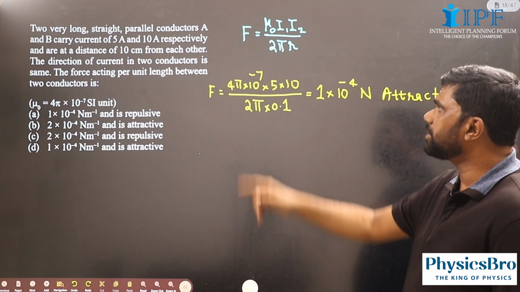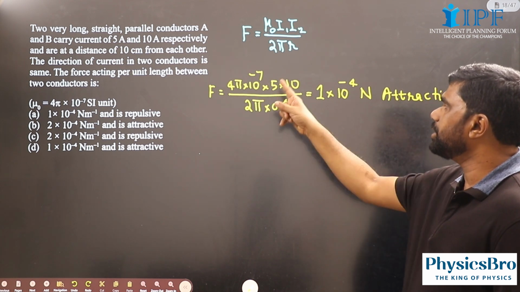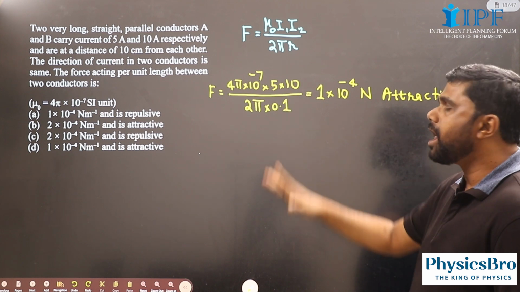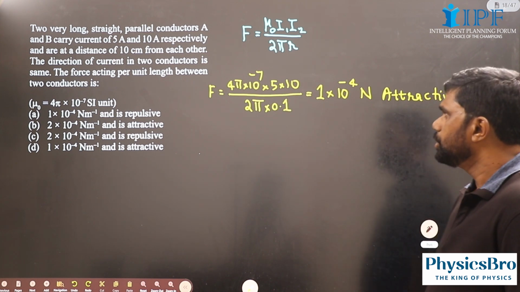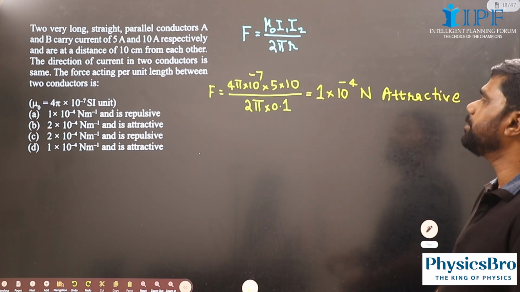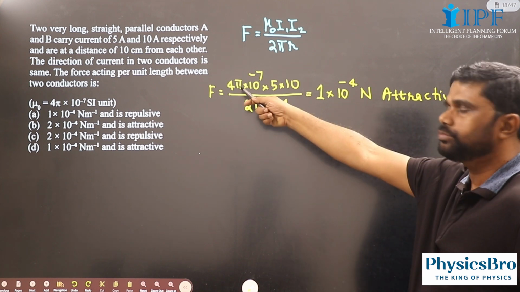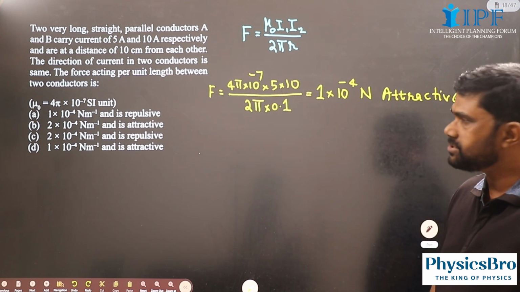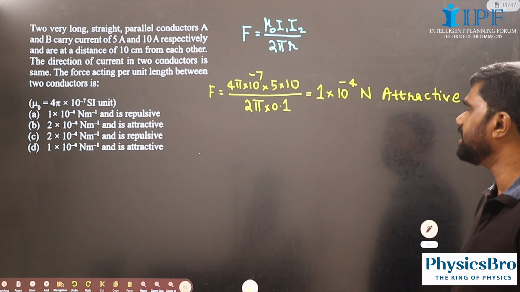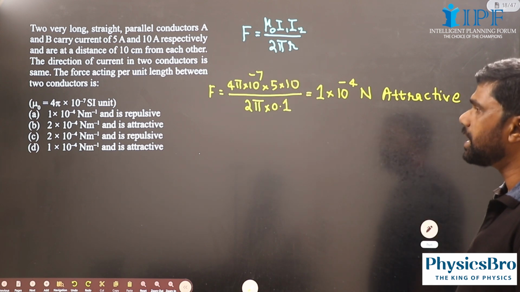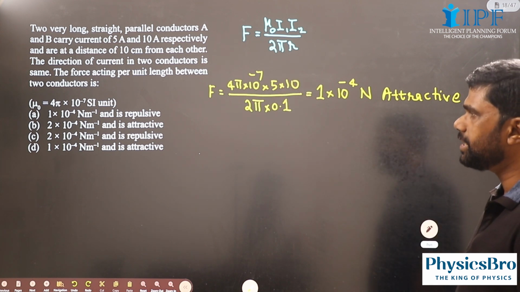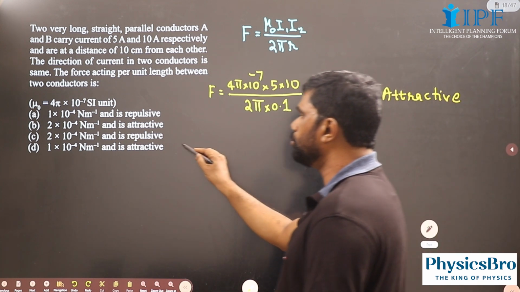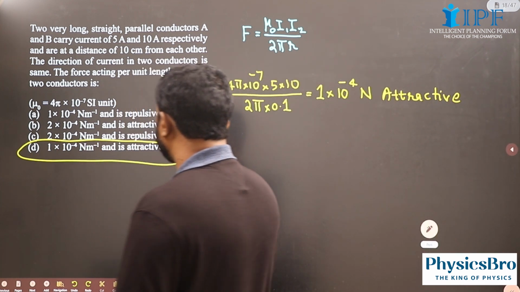Mu 0 is 4 pi into 10 raised to minus 7, I1 and I2 are 5 and 10, and r is 0.1 meter. So this will be 4 pi by 2 pi, that is 2, into 5 into 10, 100 by 0.1, that is 1000, into 10 raised to minus 7, that is 10 raised to minus 4 Newton per meter, attractive.